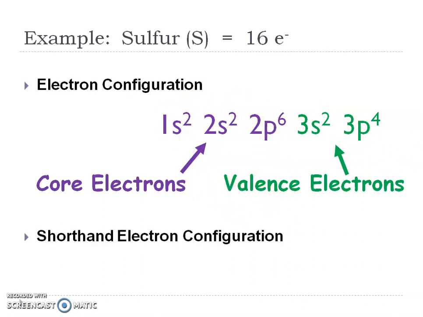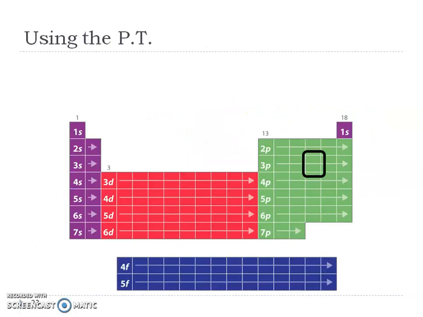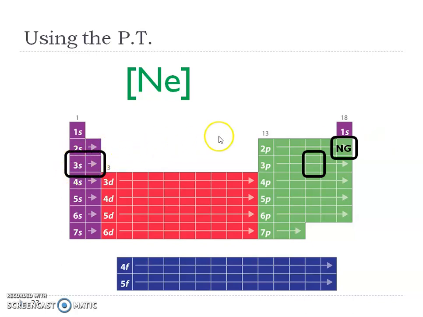So if we want to write this the shorthand way, if you look at sulfur, the noble gas before sulfur is Ne. Oh, I forgot I showed this to you. So here's our sulfur. We're going to write that noble gas ahead of time, which is Ne. Then we're going to finish the electron configuration. So 3s2, and what's left here?